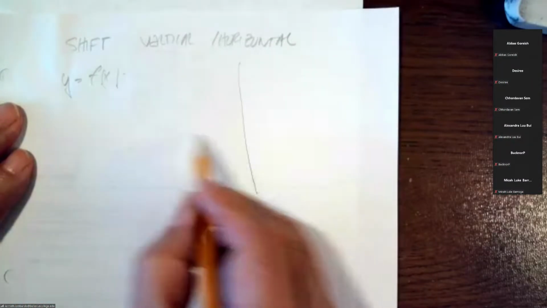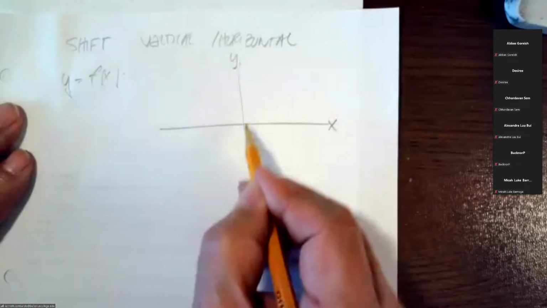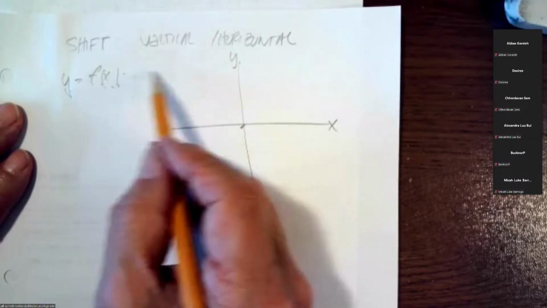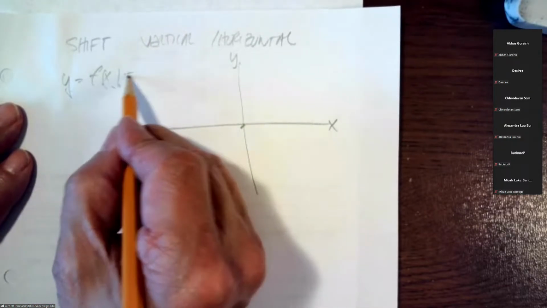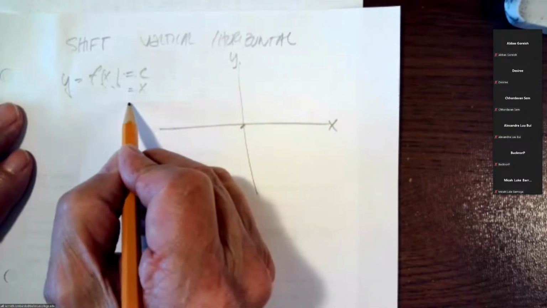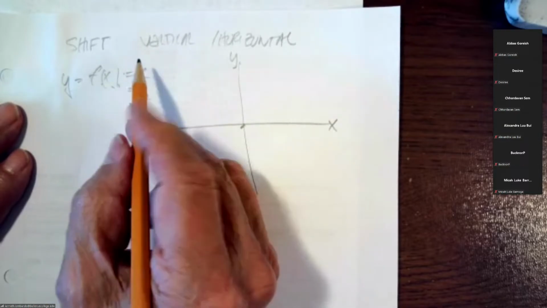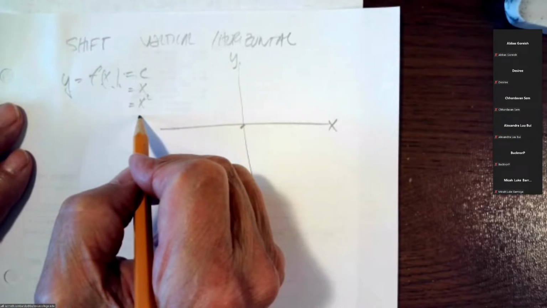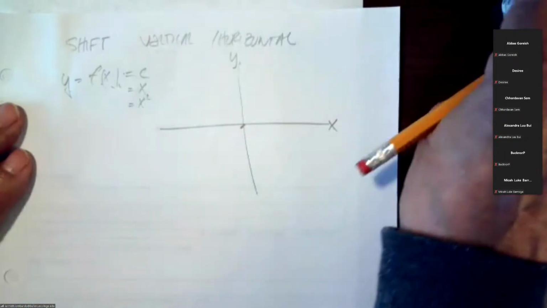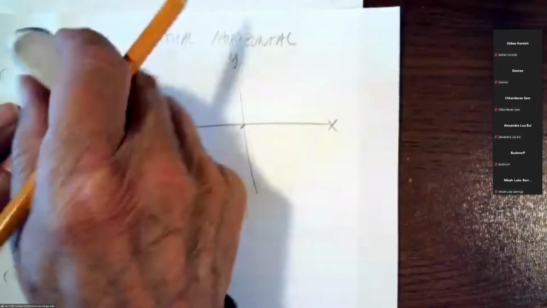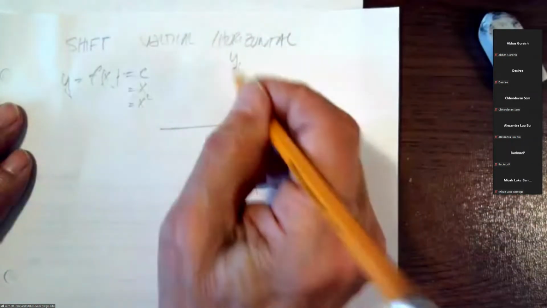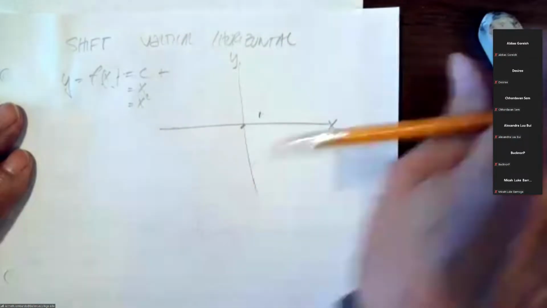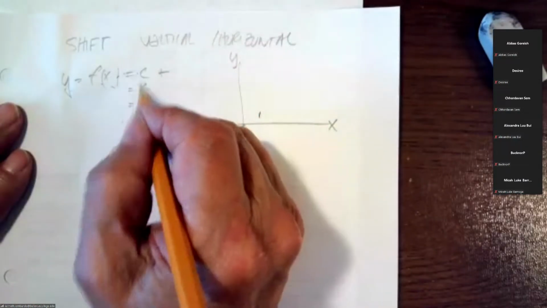However I want to define this, it might be a constant, it might be c, it might be x, it might be x squared. It might be any of the common functions that we've talked about. But if I shift this value in the vertical direction, I simply add a value to whatever we have here.